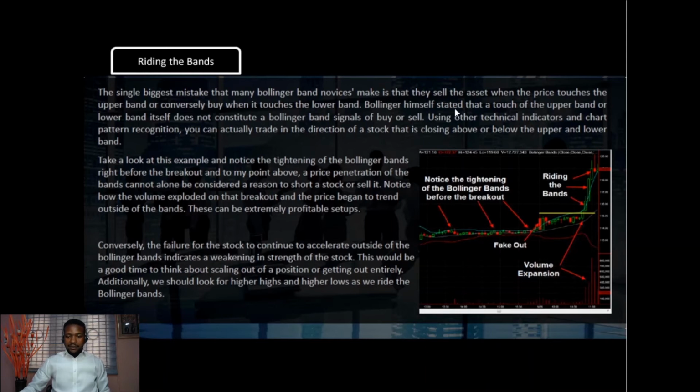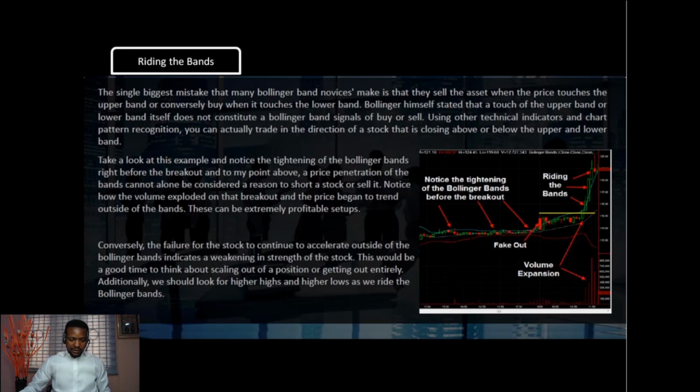But John Bollinger himself stated that a touch of the upper band or lower band does not in itself constitute a buy or sell signal. So using other technical indicators and chart patterns, you can actually trade in the direction of a stock that is closing above the upper or the lower band. So let me give you an explanation on that.